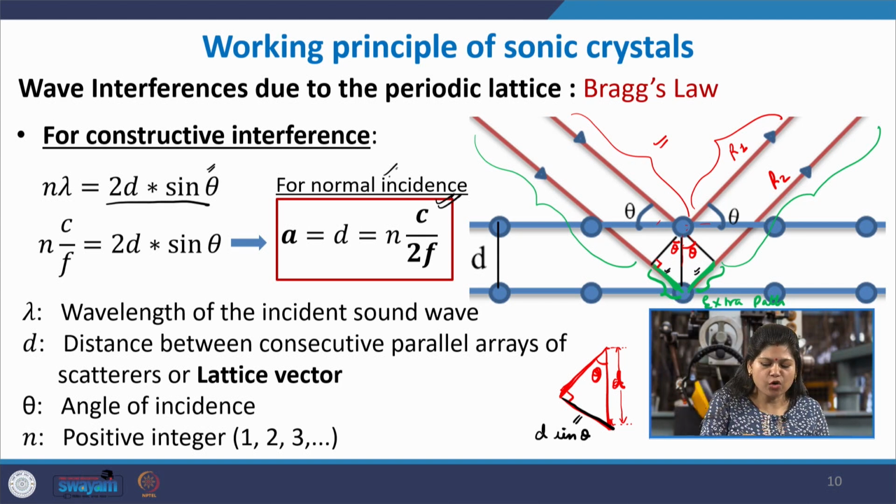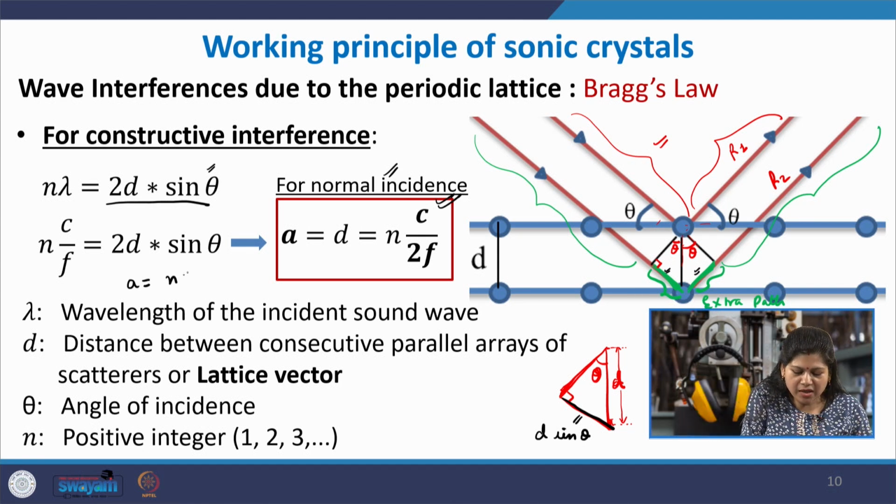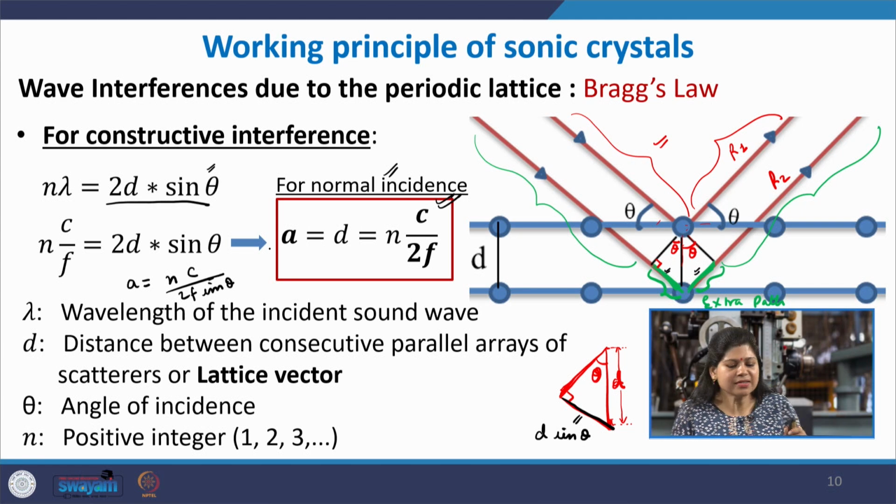For a generic wave, d would be n times c by 2f sine theta, and for normal incidence it will become n c by 2f. Which means that the spacing has to be some integral multiple of c by 2f, where c is the speed of the sound wave in the host medium, f is the frequency of the incident sound wave, okay.